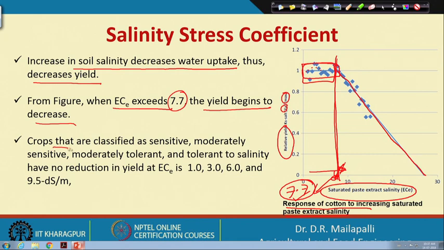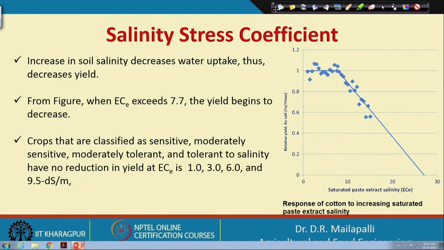The crops that are classified as sensitive, moderately sensitive, moderately tolerant and tolerant to salinity have no yield reduction at ECe of 1, 3, 6 and 9.5 decisiemens per meter. Similar to here, as we see, up to a certain salinity level the yield is not going to decrease.